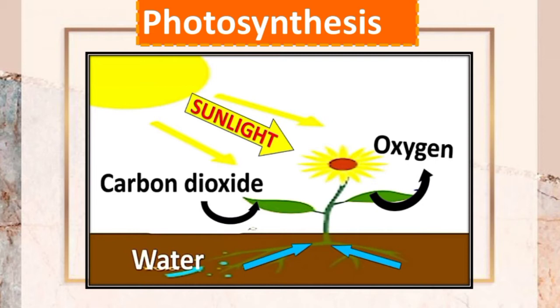So the process by which leaves use sunlight to convert water and carbon dioxide into food is called photosynthesis.